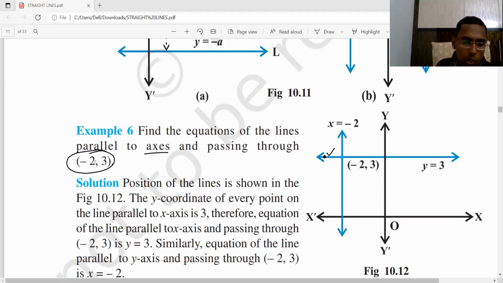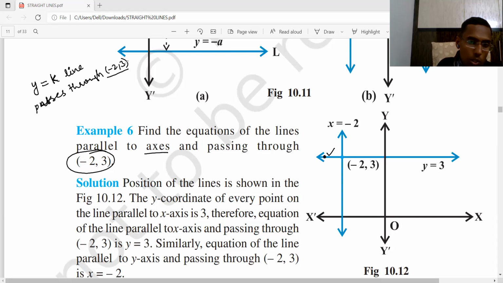Now you know the equation of a line parallel to the x-axis is y equal to k. This line passes through (-2, 3), so (-2, 3) should satisfy this equation.